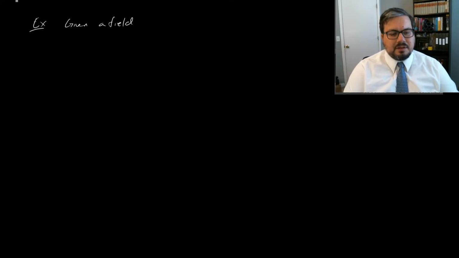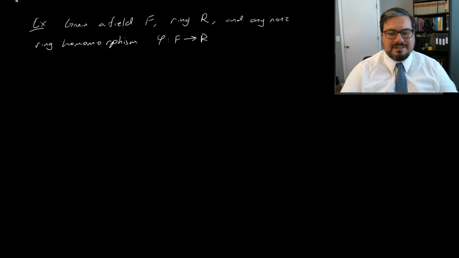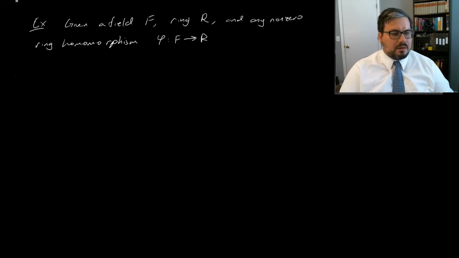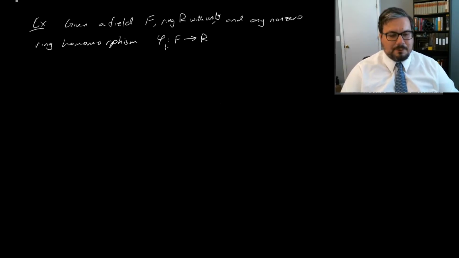Given a field F, a ring R with unity, and any non-zero ring homomorphism phi from F to R, we have that R is a vector space over F.